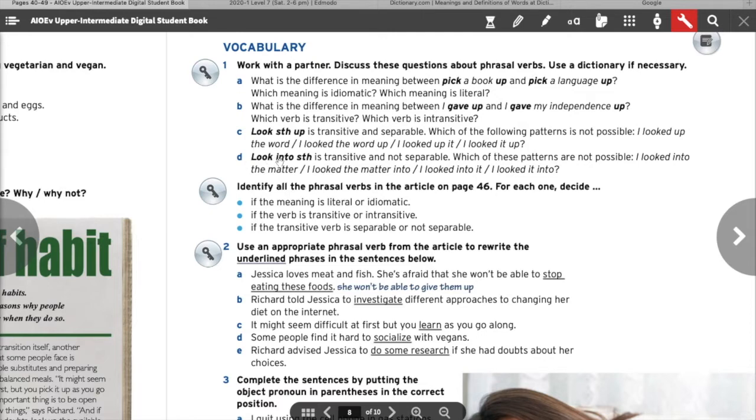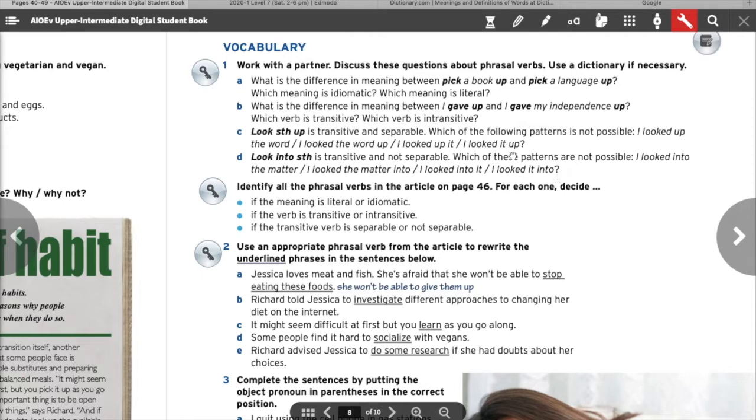Letter D. Look into something is transitive and not separable. Which of these patterns are not possible? I looked into the matter, I looked the matter into, I looked into it, and I looked it into. Okay, you can pause the video to complete the exercise.